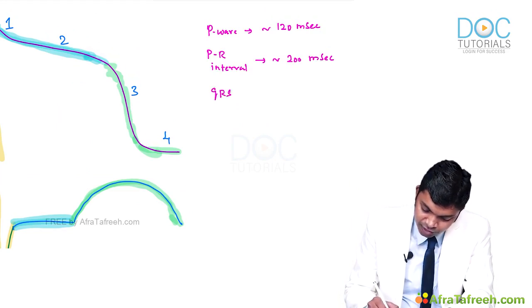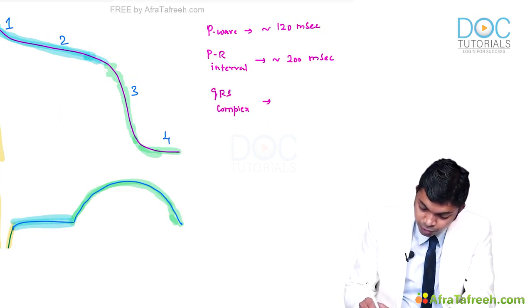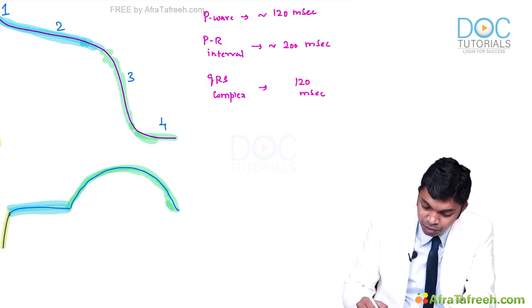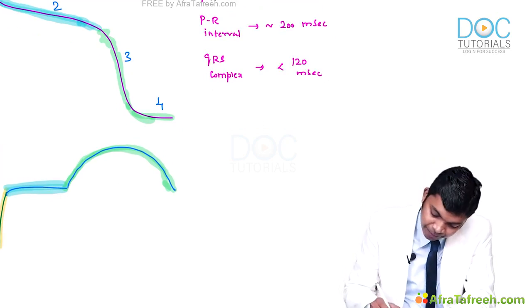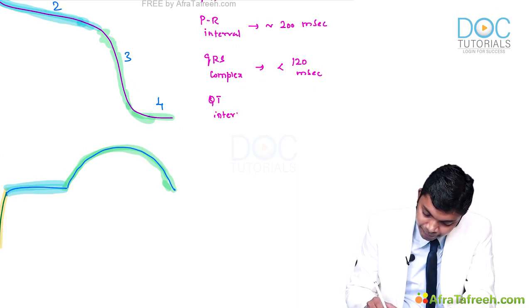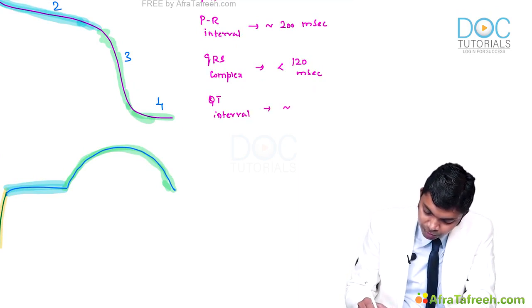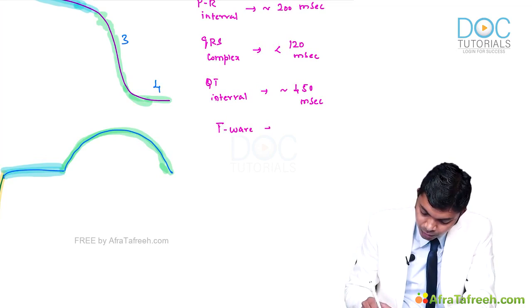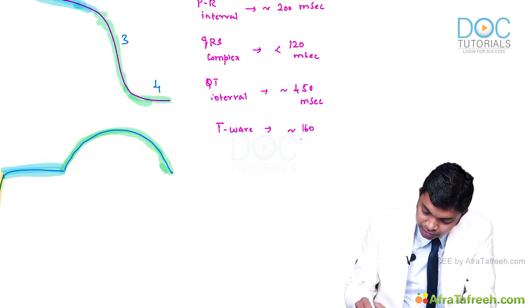Then we have the QRS complex whose duration should be less than 120 milliseconds. That is very important, doctors. Then the QT interval, which we just saw, is about 450 milliseconds. The T wave as such is about 160 milliseconds in duration.